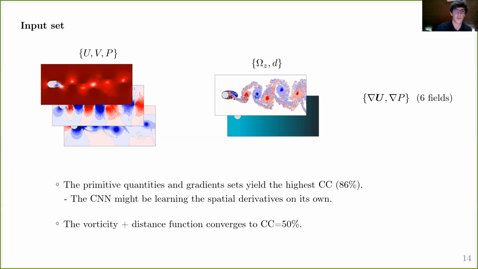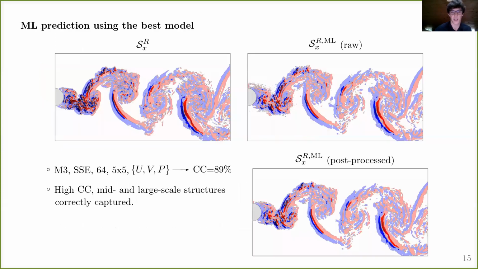And finally, we went to our best model prediction. This would be combining all of the best answers that we got during this hyperparametric analysis. So this would be using our larger architecture, the third model, where the concatenation happens in the latent space. Then we had the sum of the squared error, a maximum number of filters of 64, and a kernel size of 5x5.